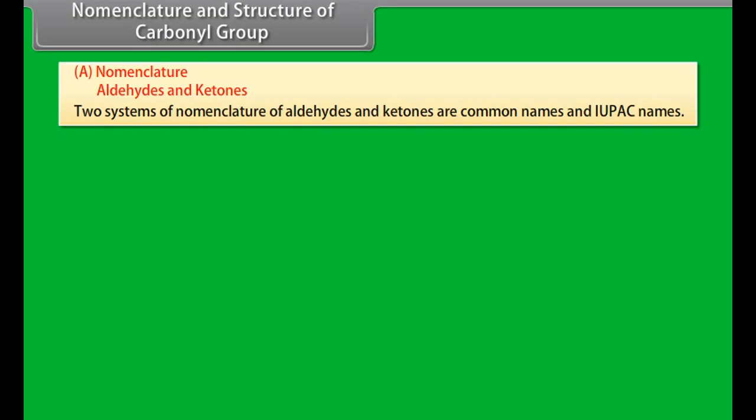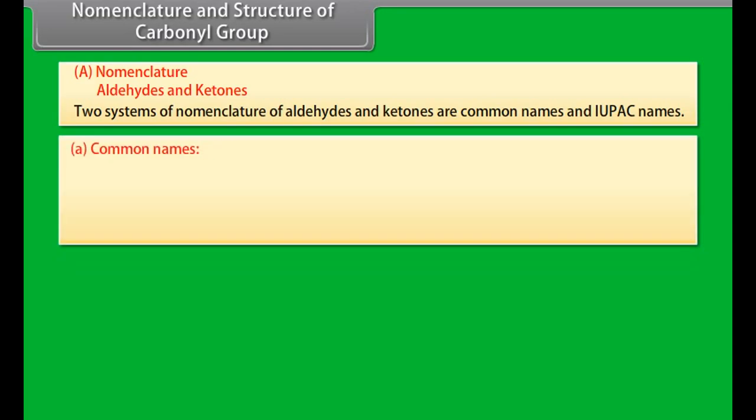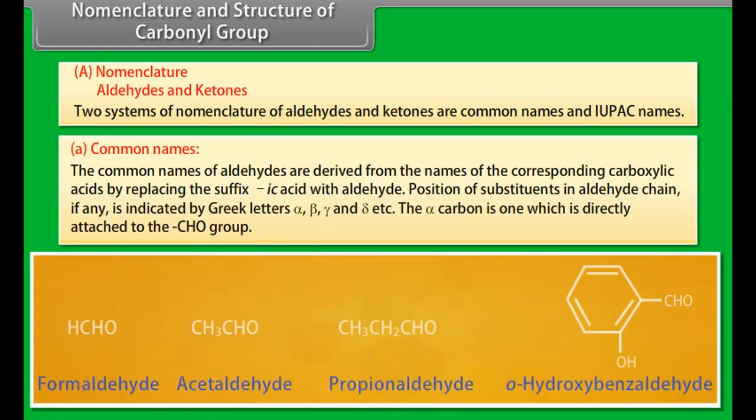Nomenclature and structure of carbonyl group. Nomenclature. Aldehydes and ketones. Two systems of nomenclature of aldehydes and ketones are common names and IUPAC names. Common names. The common names of aldehydes are derived from the names of the corresponding carboxylic acids by replacing the suffix IC acid with aldehyde.